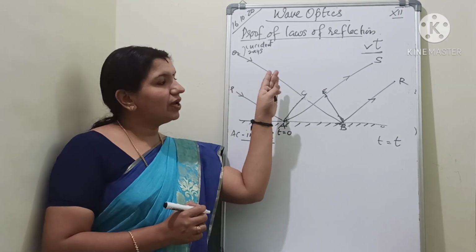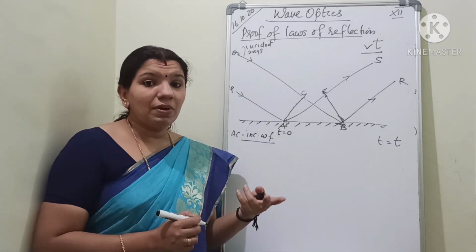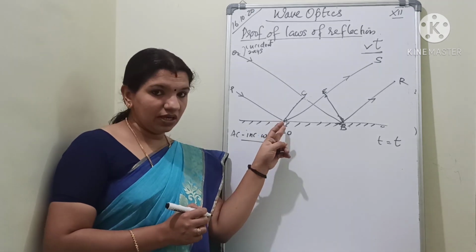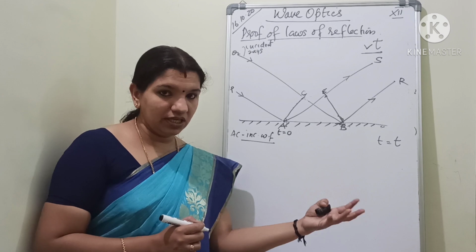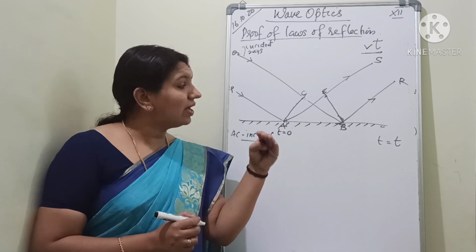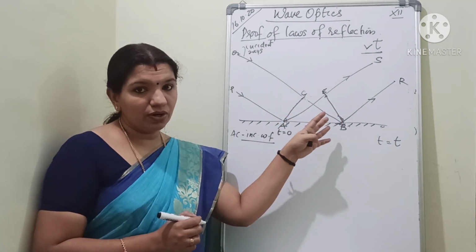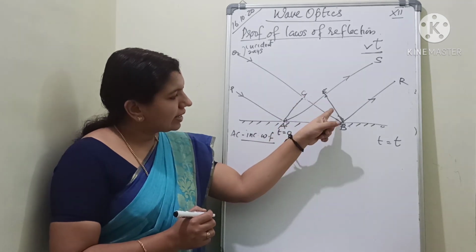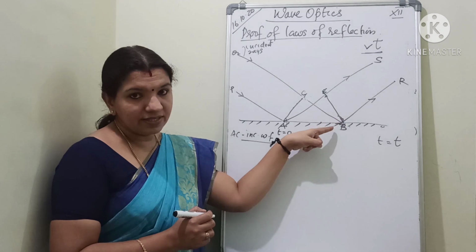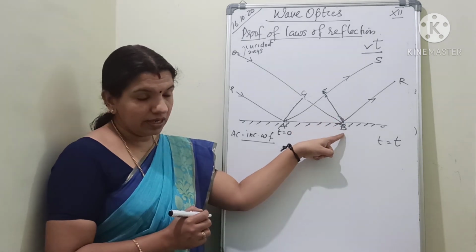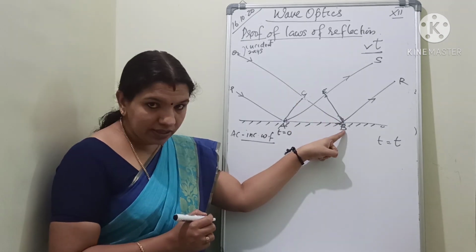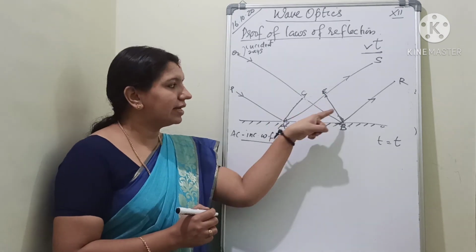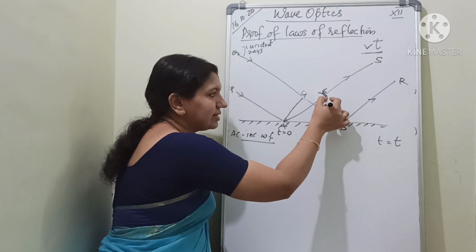Because the speed of the wave in this medium is V and I am assuming a time T. Okay, first the time was T equal to 0, then I assumed a time T. So after that time T, where will be the position? That is what I want to find. So with that value, I can draw an arc at this point B. Isn't it? When I draw an arc at the point B, from this point A also, I have to draw an arc like this.